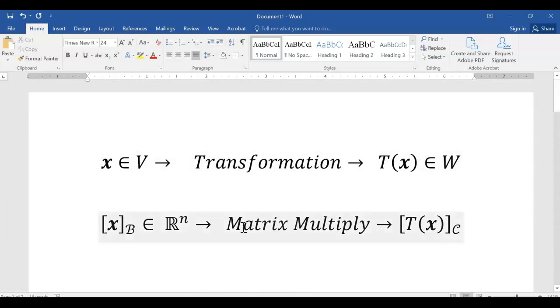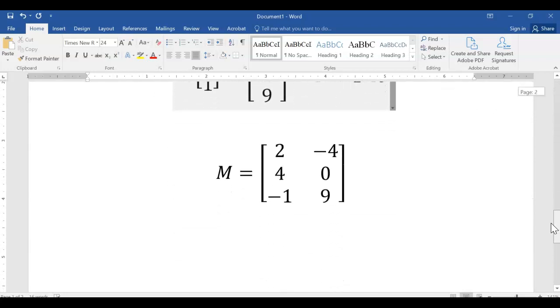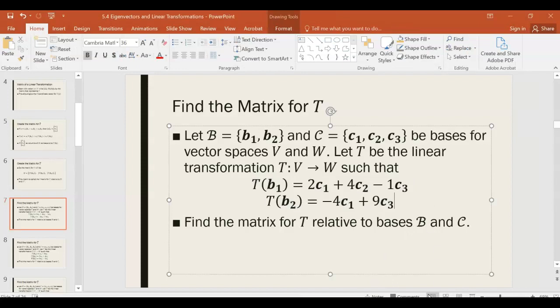That is the matrix that we need. All right. 2, 4, negative 1, negative 4, 0, 9 in columns.